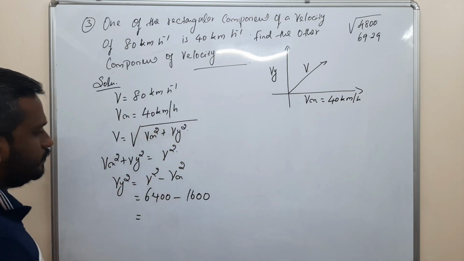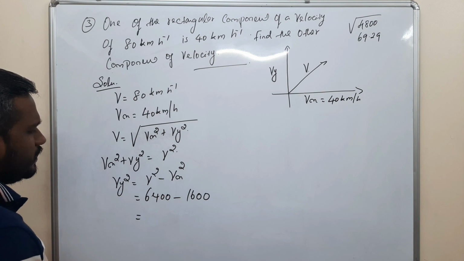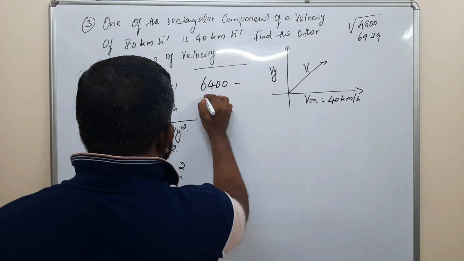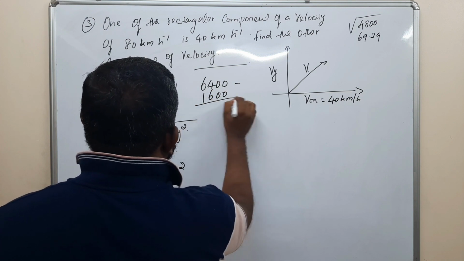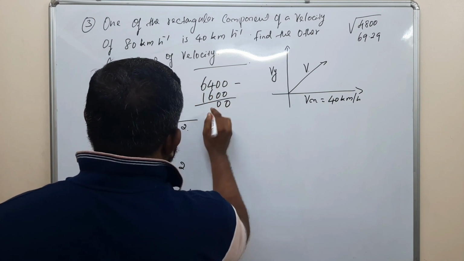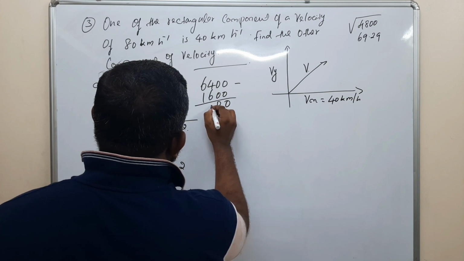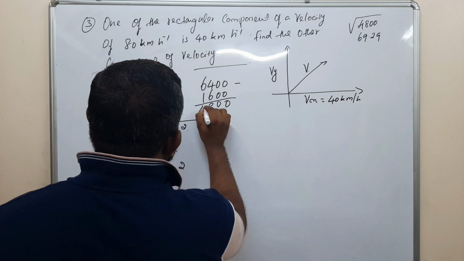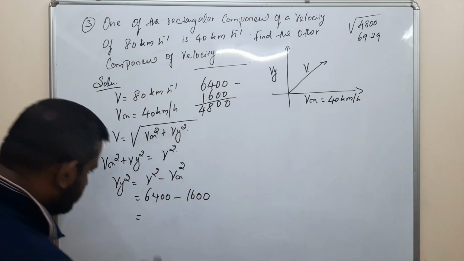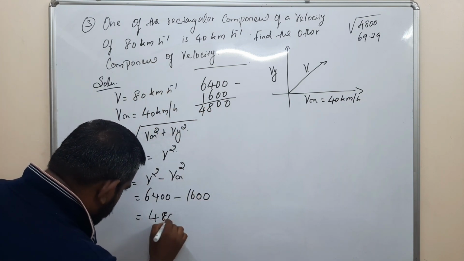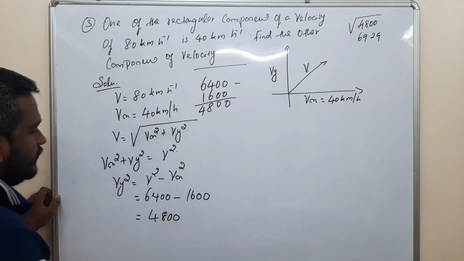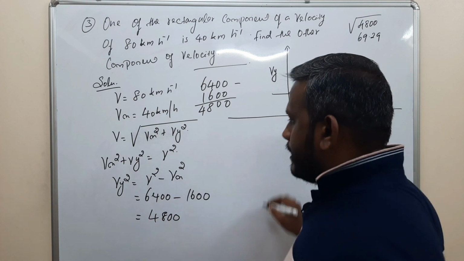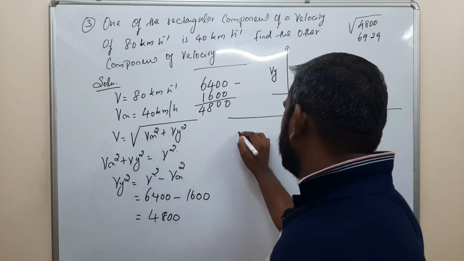So 6400 minus 1600 is 4800. What we have to find out is Vy.